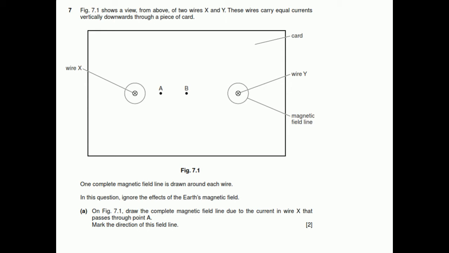In this question, ignore the effect of Earth's magnetic field. Part A. On figure 7.1, draw the complete magnetic field line due to the current in wire X that passes through point A. Mark the direction of this field line.